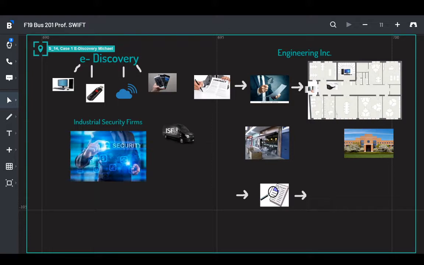Here we see a layout of the complex at Engineering Incorporated, and the employer had previously put security measures in place. In particular, we can see the central computer system had all the relevant ideas to the engineering company, all the important project plans, the project ideas, etc. Guarding this central computer system, the employer had a security camera facing the only entrance of the building.